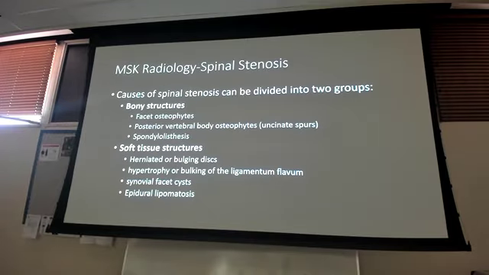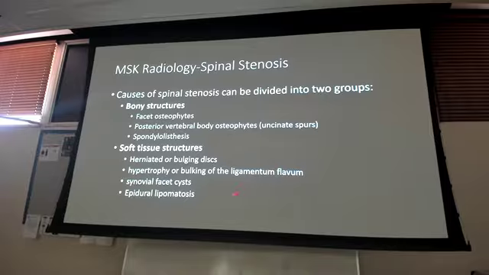Two different groups cause it, which I kind of briefly talked about already. You've got your bony structures, and you've got your soft tissue structures. The bony structures are going to be osteophytes or spondylolisthesis, which we'll look at. Your soft tissue structures are your herniated or bulging discs. Sure, these can all cause it too. I'm not covering that. We're covering herniated discs, right? But you can have hypertrophy of the ligamentum flavum.